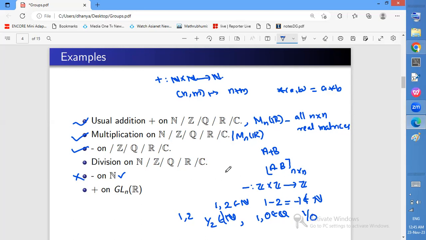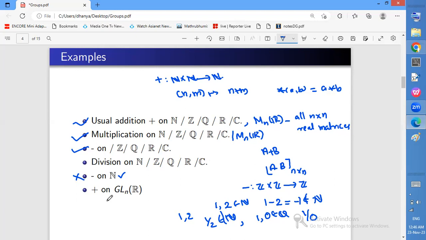That means this operation is not defined, or Q is not closed under this operation. So division is not a binary operation on this set Q. By this example, I can say that division is not a binary operation on R, and it is also a non-binary operation on C.